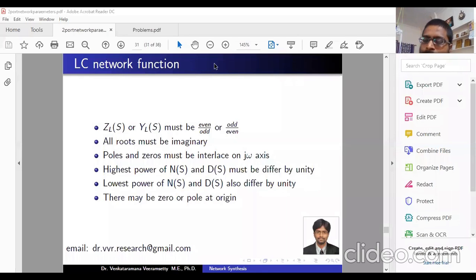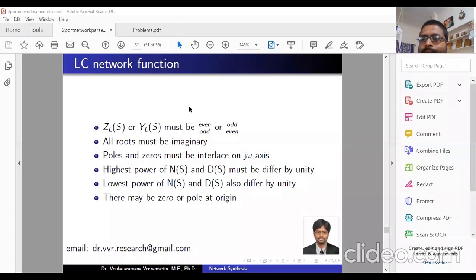The first property: whether it is an LC impedance function or LC admittance function, it must be a ratio of odd polynomial to even polynomial or even polynomial to odd polynomial.